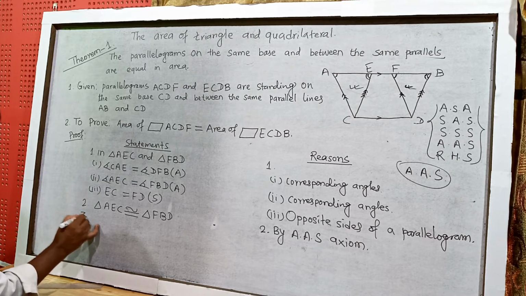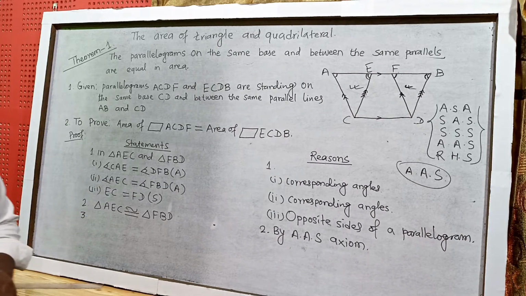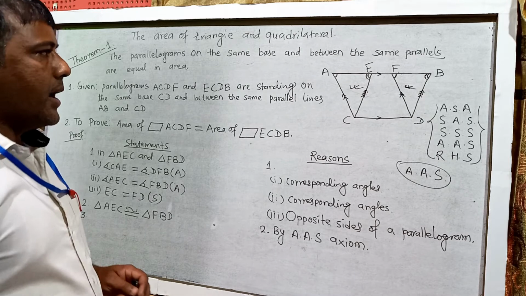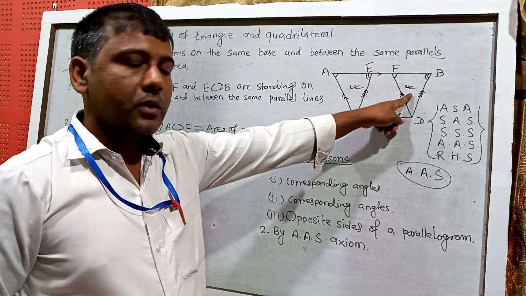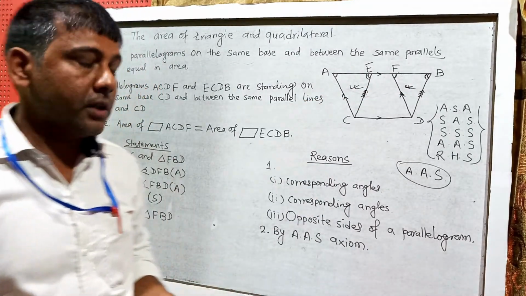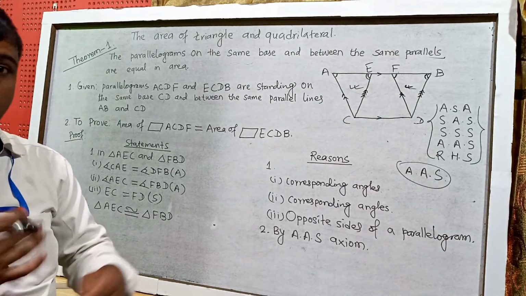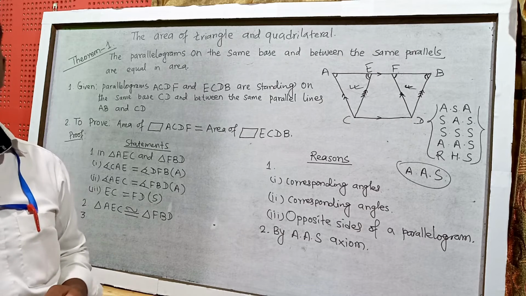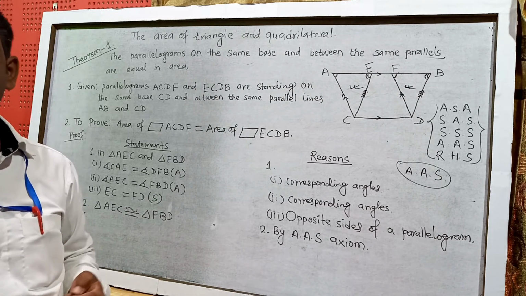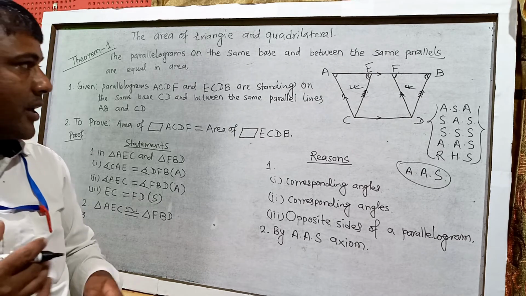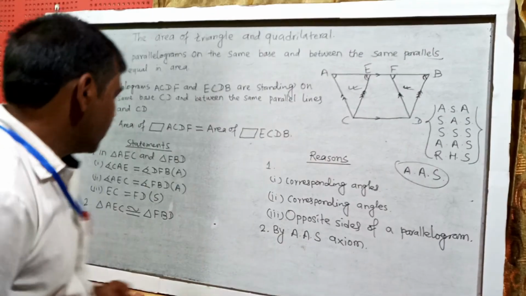Now in 3 number, after the congruency of triangles, we can write their areas equal. If the triangles are congruent, then their corresponding sides are equal, their corresponding angles are equal, and their areas are equal.